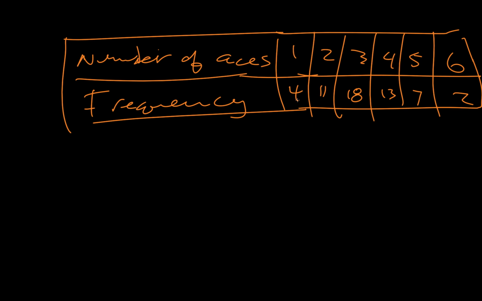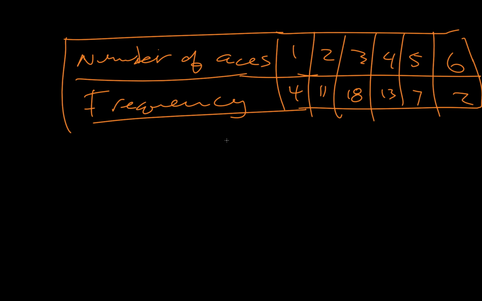So if there are 4 people that got 1 ace, 2 people that got 11 aces, 3 people that got 18, I'm reading that backwards. There were 4 people who got 1 ace, 11 people who got 2 aces, 18 people got 3 aces, 13 people got 4 aces, 7 people got 5 aces, and 2 people got 6 aces.